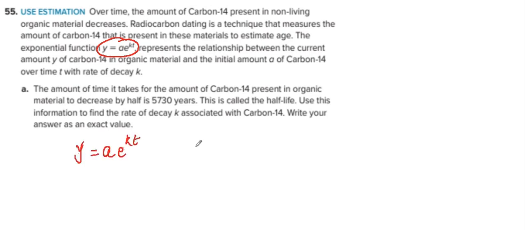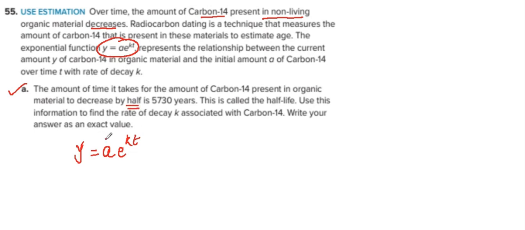This question is a little bit different, because they're talking about how, over time, the amount of carbon 14 present in non-living organic material decreases. Radiocarbon dating is a technique that measures the amount of carbon 14 that is present. Okay, so the initial equation is given to us, and the first part asks for the time it takes for the amount of carbon 14 present in organic material to decrease by half.